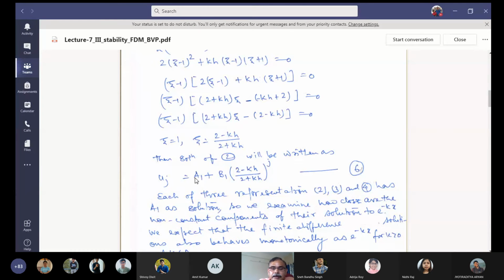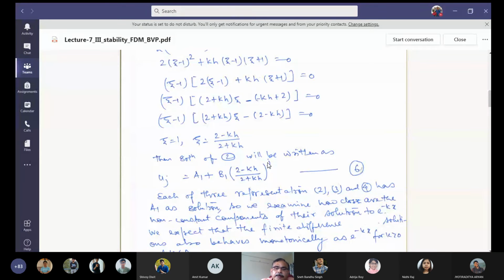The second solution here is (2 minus kh upon 2 plus kh) to power j, while for the exact one it is e to power minus kx. If you put xj, then that will be e to power minus kxj. Is that right? Yes, sir.